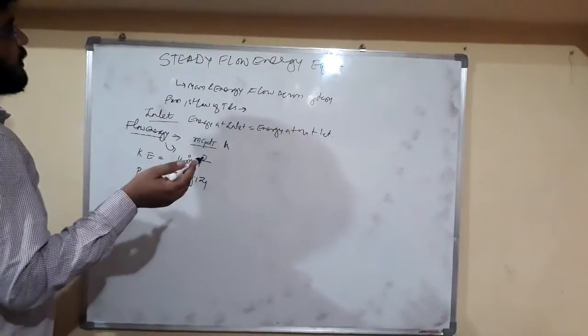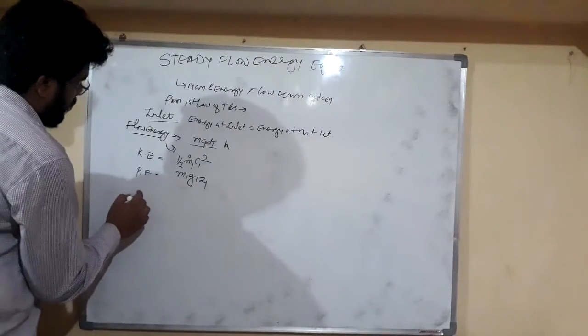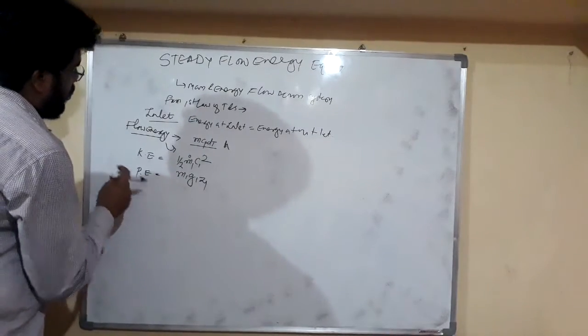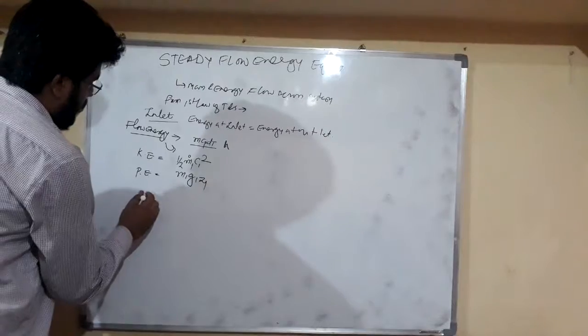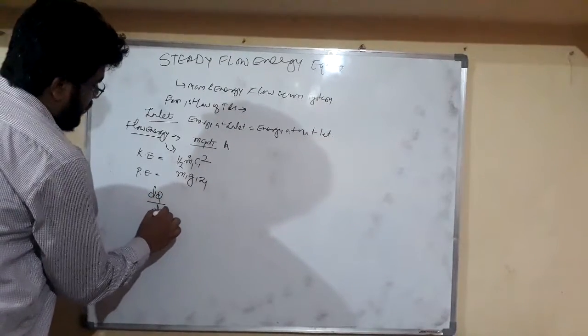And friends, there is transfer of heat at inlet. So our energy interaction is dQ upon d tau at inlet.